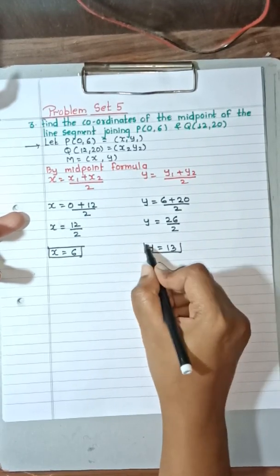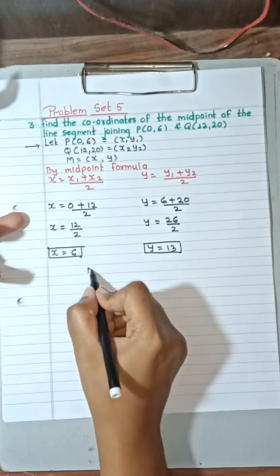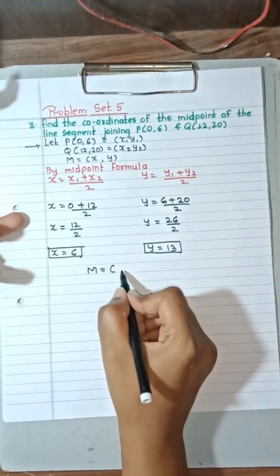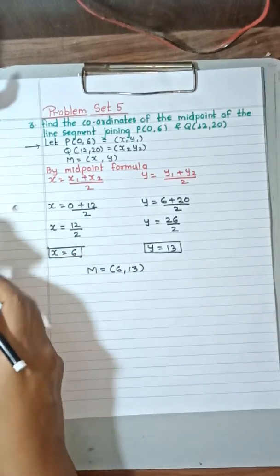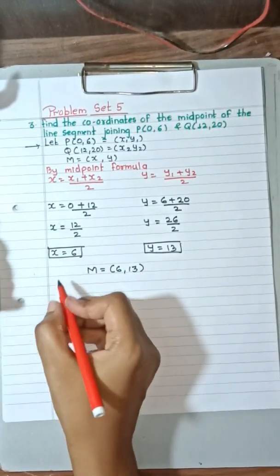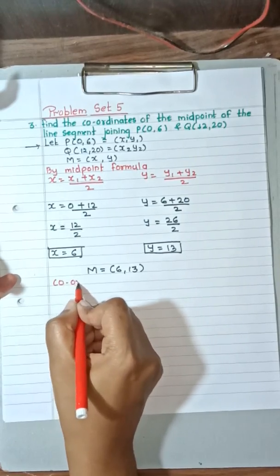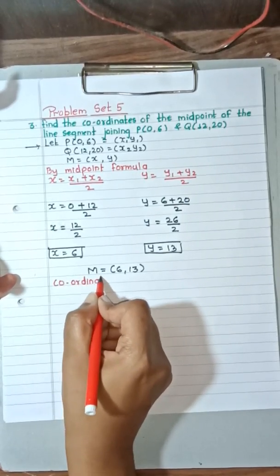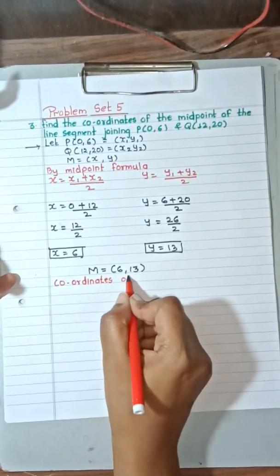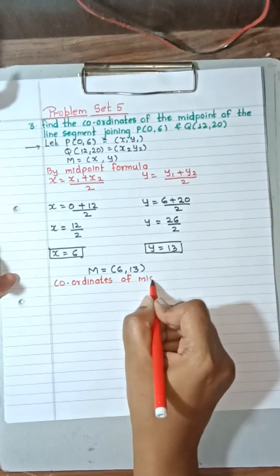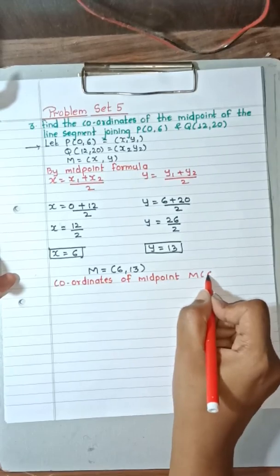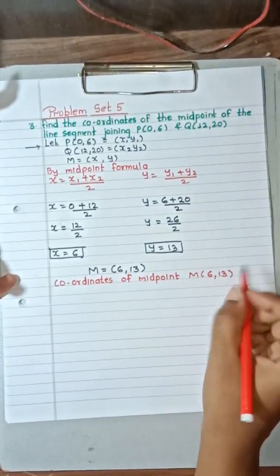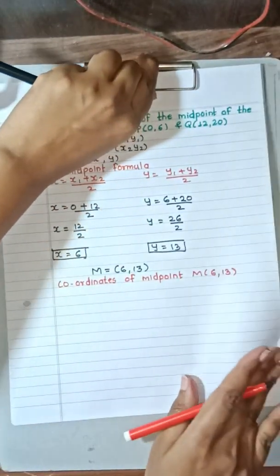So in this way you have found M is equal to (6, 13), and you may write down here the coordinates of midpoint M are 6 and 13.